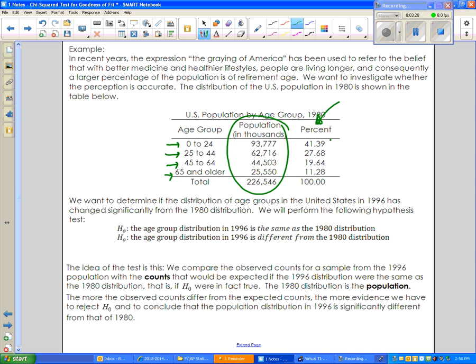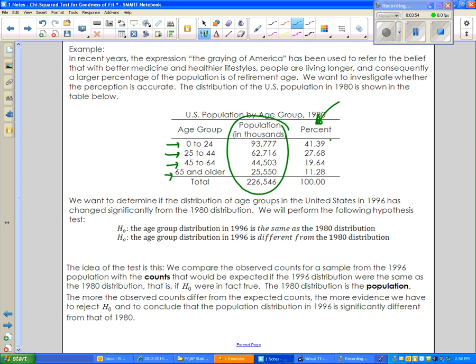And so basically we want to determine if the distribution of age groups in the United States in 1996, sorry my data is still pretty old, was significantly different from the distribution of age groups in 1980, so 16 years later. So we're going to perform the following hypothesis test. So notice with the Chi-Squared test of goodness of fit, we're writing out our null and our alternative hypothesis.